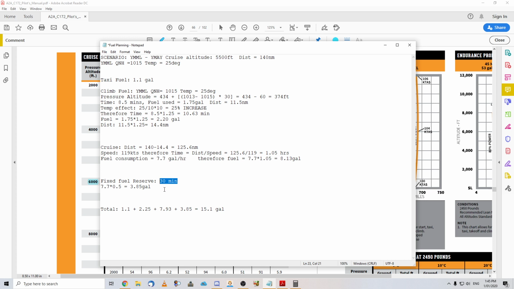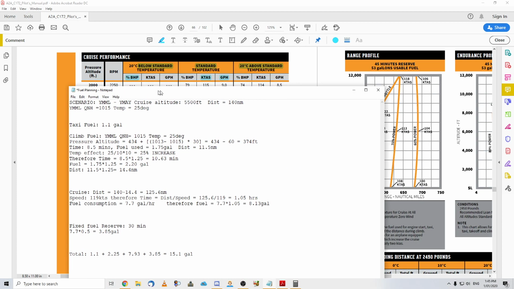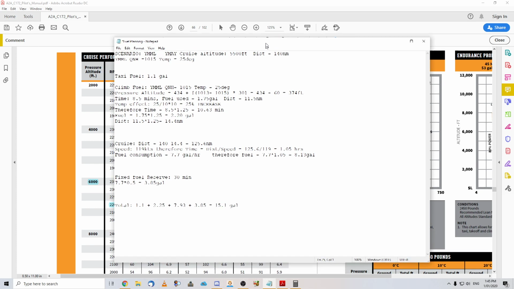If you're doing IFR, then that's 45 minutes, and I can't find the document at the moment. So you need 30 minutes of extra fuel. So 7.7 gallons times half an hour, you need to carry another at least 3.85.